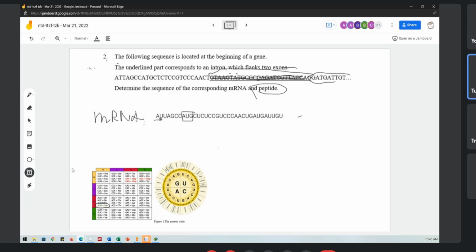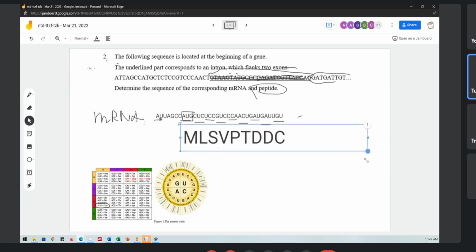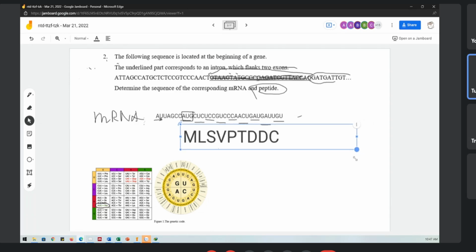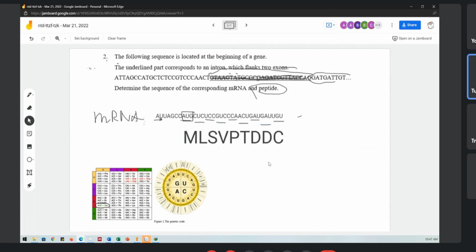Let me paste it. Okay, amino acid sequence. And when you have the start codon, like previously, keep the frame 3 by 3. Okay, and we have the translation, as you can see here.